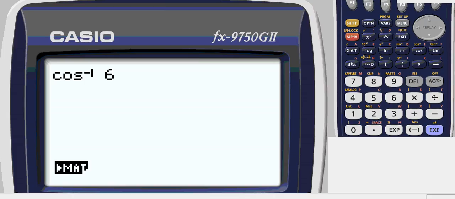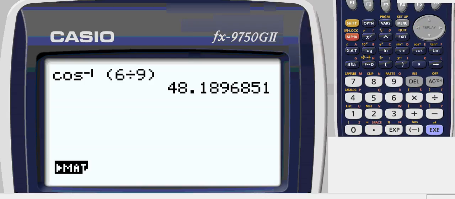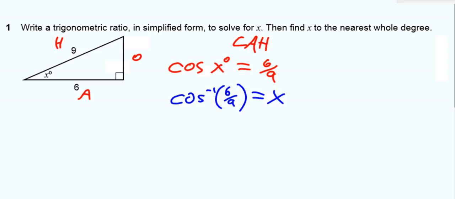We need some parentheses around that. Yep, 48.2 degrees. So it's to the nearest whole degree, so 48 degrees.